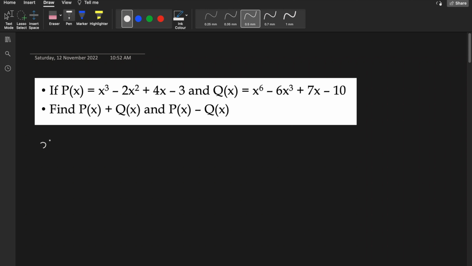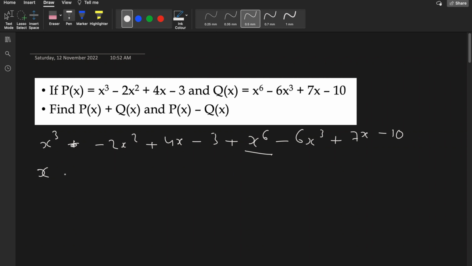So let's add them. So 3x cubed minus 2x squared plus 4x minus 3, plus 6x to the power of 6 minus 6x cubed plus 7x minus 10. So this is not a like term, so we can just retain it.